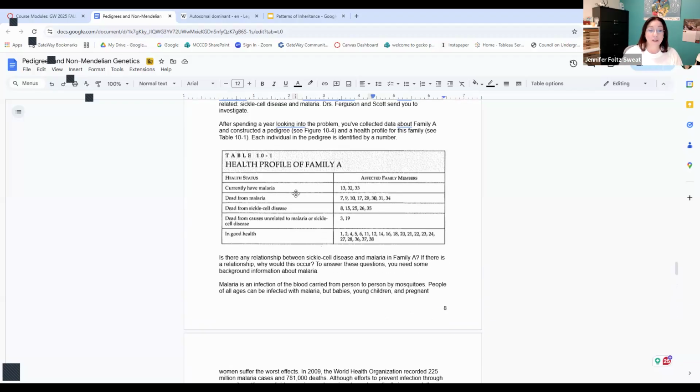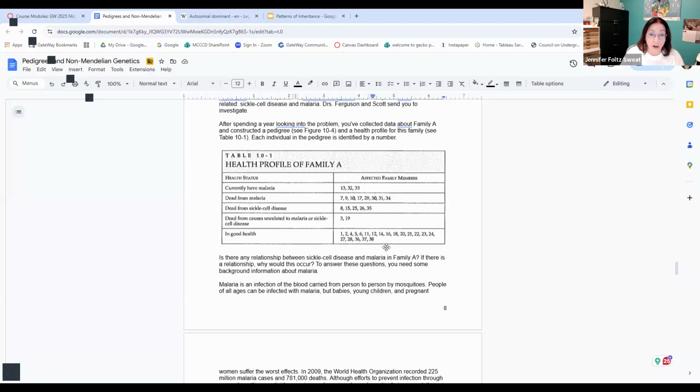And so you had to look at how many died of malaria, meaning they are what? What genotype makes you vulnerable to malaria? The normal genotype. Exactly. Big A, big A makes you vulnerable to malaria. So all of these individuals had big A, big A. Now remember, we write it as a superscript.